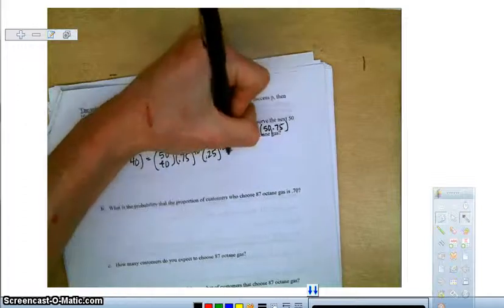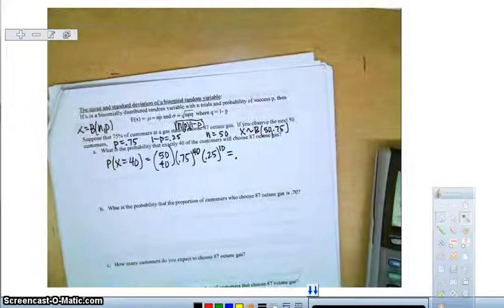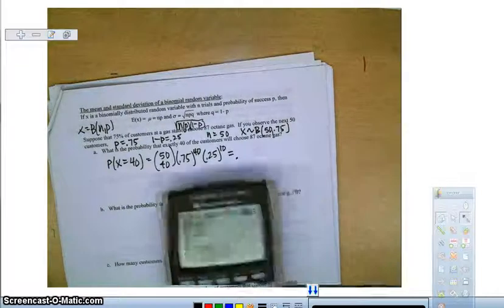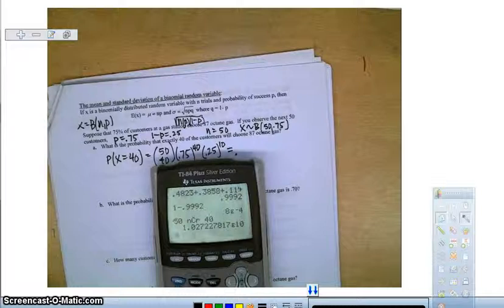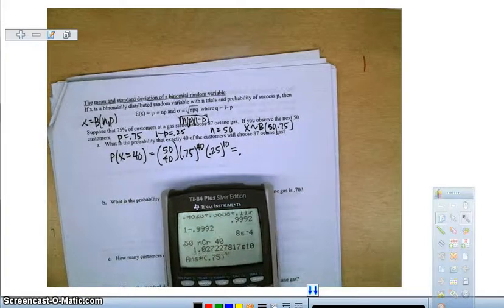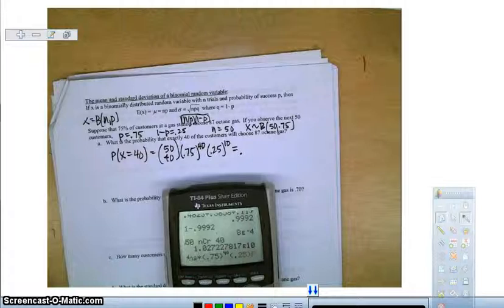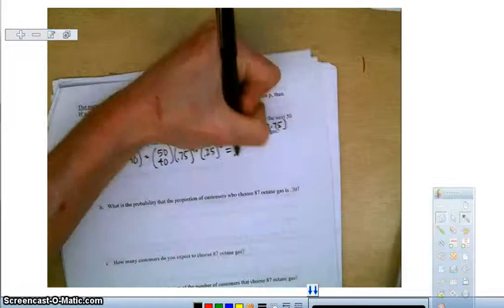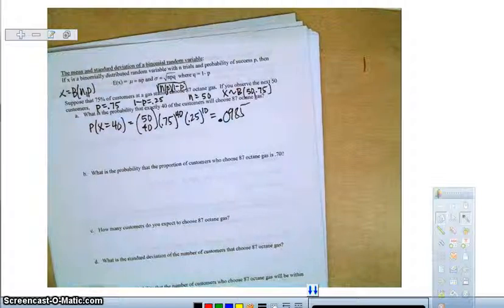So when you do this calculation, you get 50 math, PRB, 3, 40, and I'm going to take that times 0.75 raised to the 40th power times 0.25 raised to the 10th power, and I get 0.0985 is my probability. Okay.